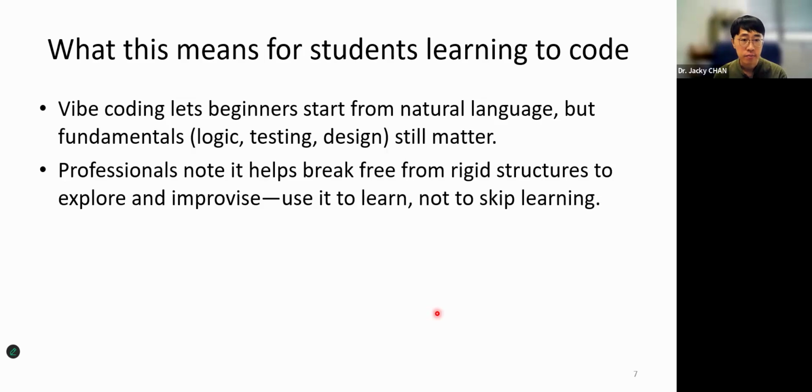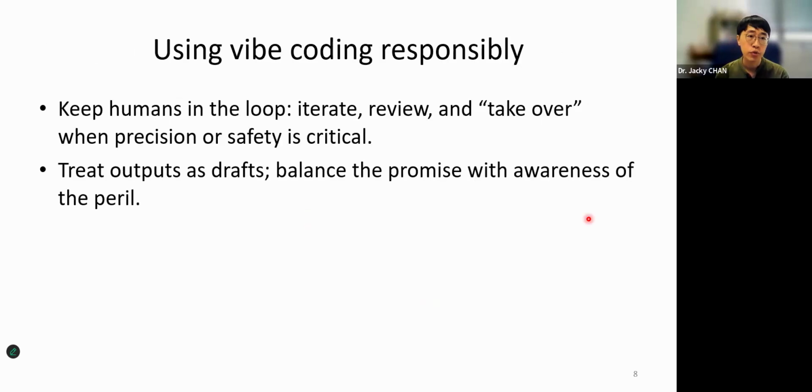So we say that we still need to learn. We can also use the AI to learn, but not skip the learning process. So the last word here, to use vibe coding responsibly, is that we will need to keep humans in the loop. Okay, so we ask the AI to produce code, we review it, and then for those critical elements, humans should take over.